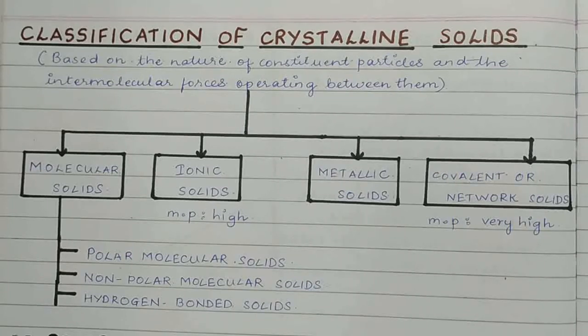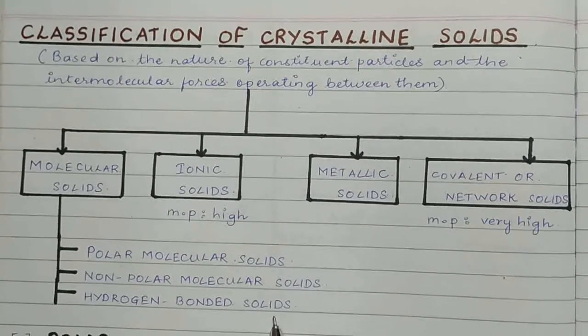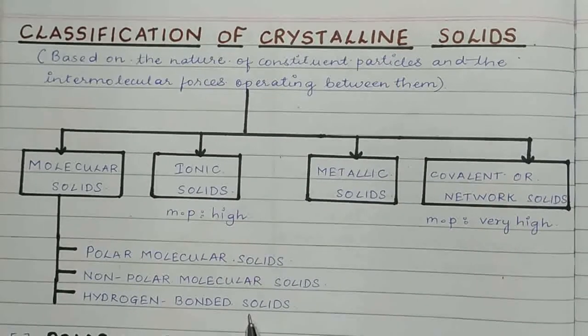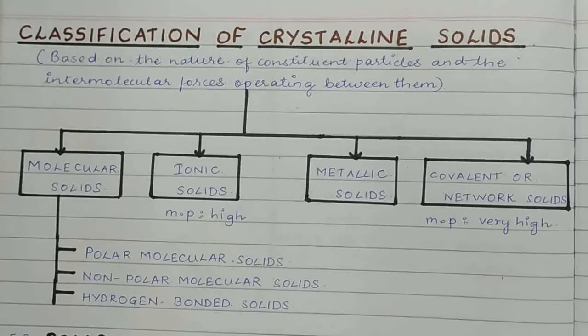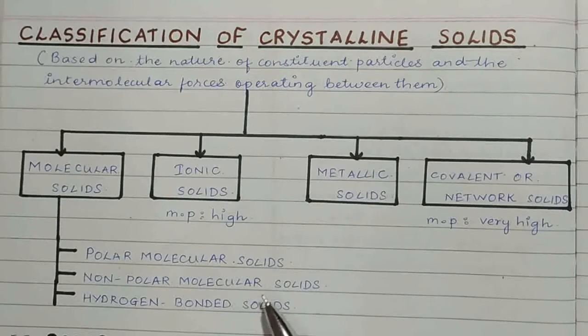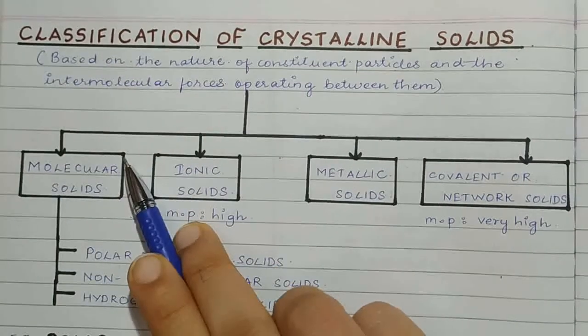We will see that one by one. And third is hydrogen bonded solids. Of course, the bond between these molecules is hydrogen bonds. What are hydrogen bonds again? Go back to your class 11, read and then understand. So this is about molecular solids.